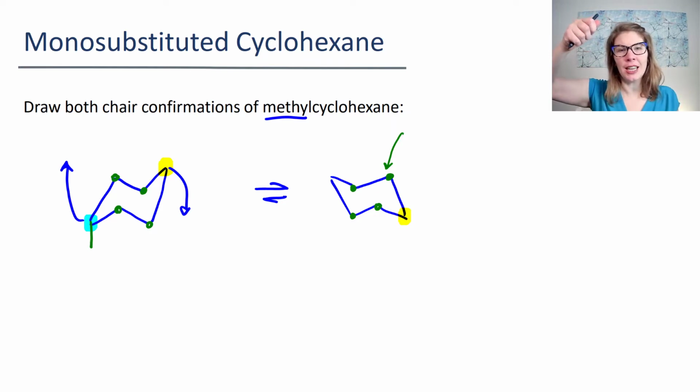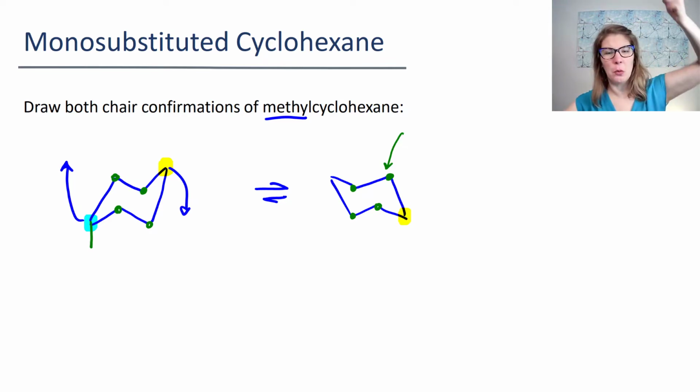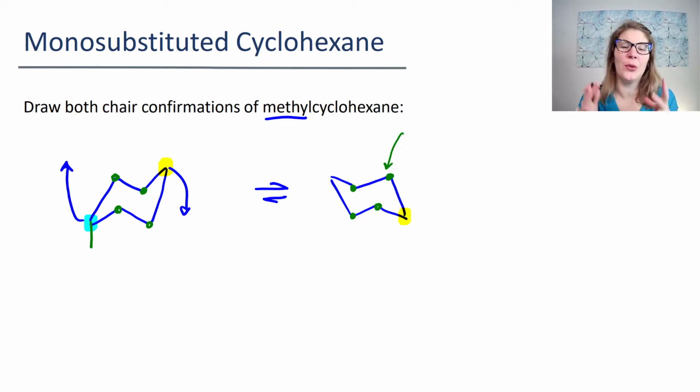What you're changing is the direction of the carbons I've highlighted in yellow and blue, pulling one down, pushing one up. And so now you see where it can get really confusing, and students end up thinking like the ring has twisted slightly, and it's not. We're not twisting anything, right?